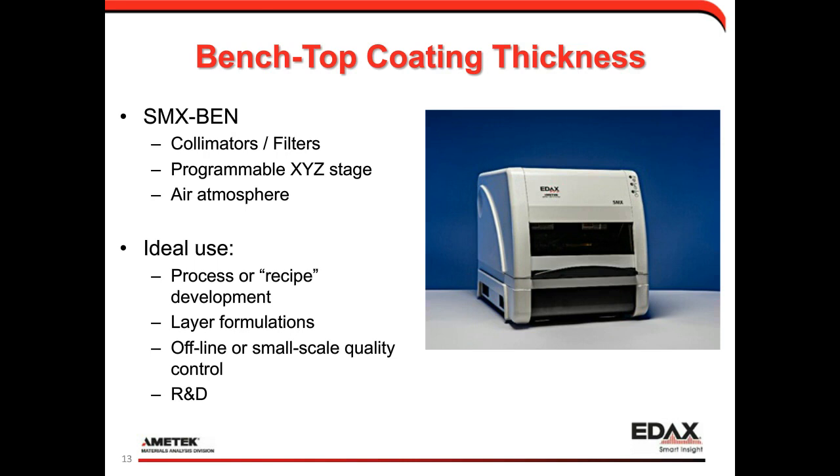We have a programmable XYZ stage, so you can automate measurements, and it's done all in an air atmosphere. Typical uses for this would be the process and recipe development for startup processes, for supporting the inline unit out on the factory floor, for looking at layer formulations, for doing offline work, small scale quality control, for doing R&D.